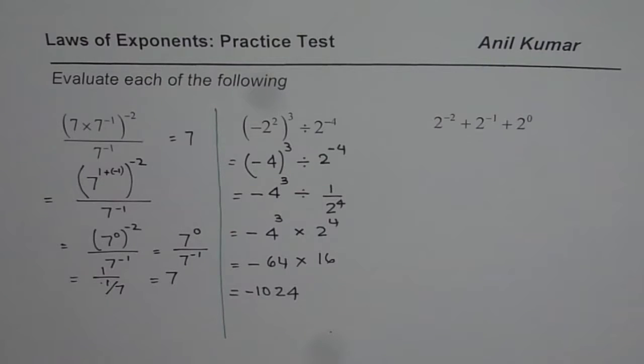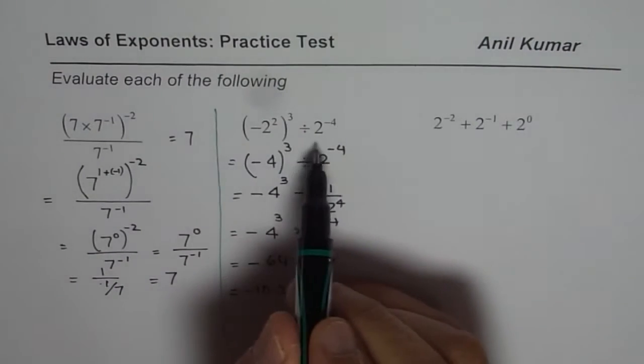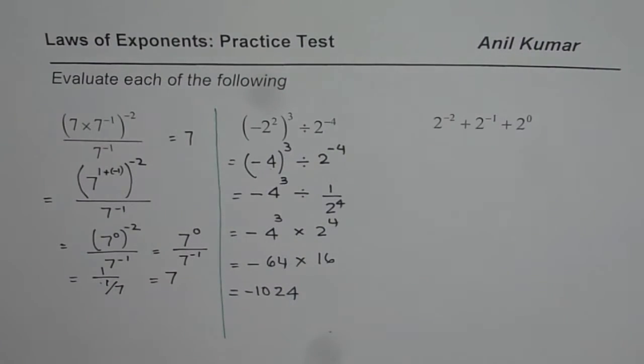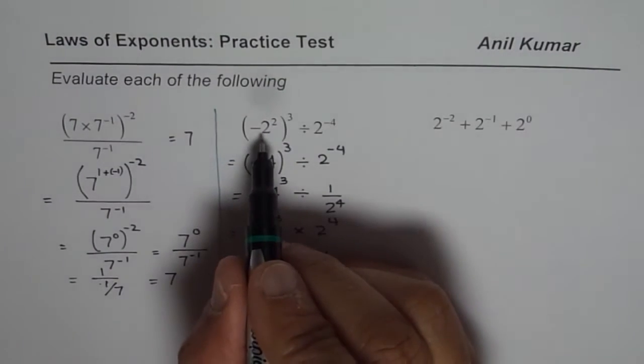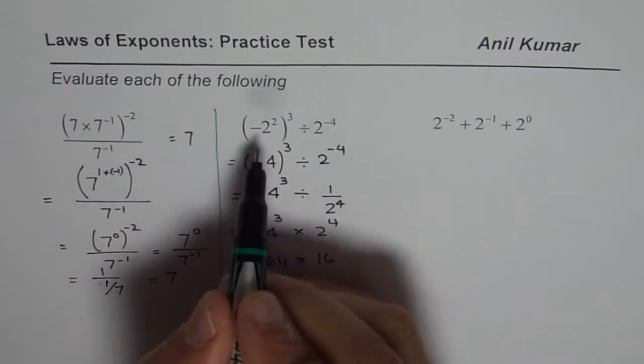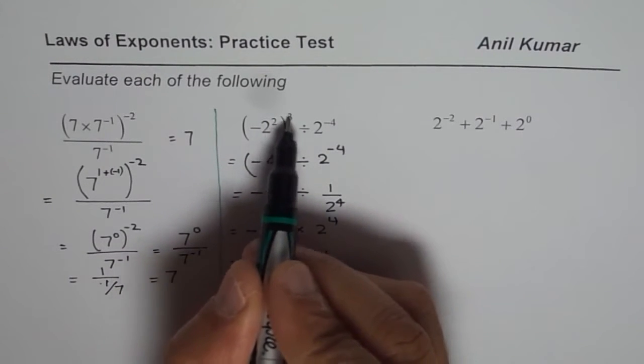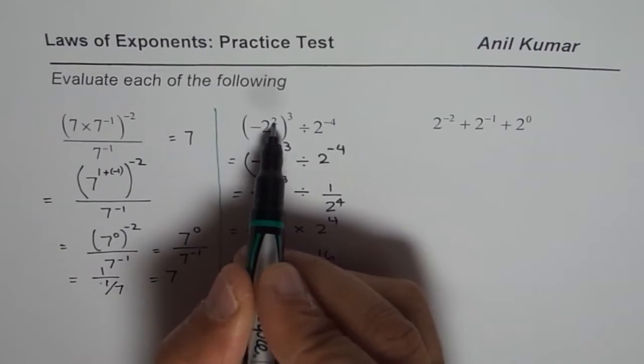Now there is an alternate way of doing it also. We have all these bases as 2, right? So if we maintain the base instead of converting it to 4, it may become simpler for us. So let me show you the alternate method. At this stage, we can multiply the exponents 3 and 2, so we open this up: 3 times 2 is 6.